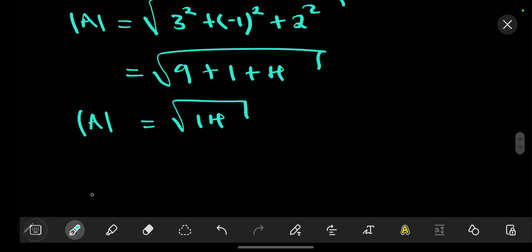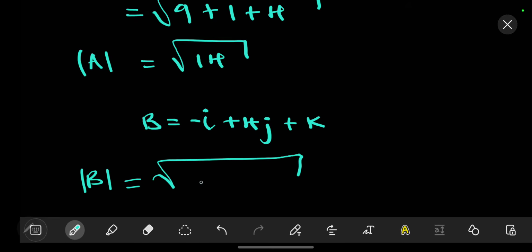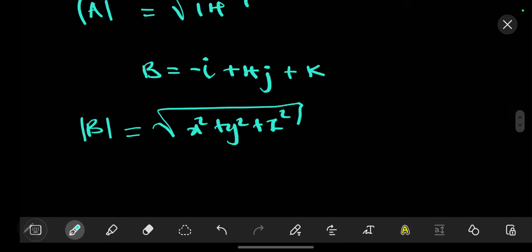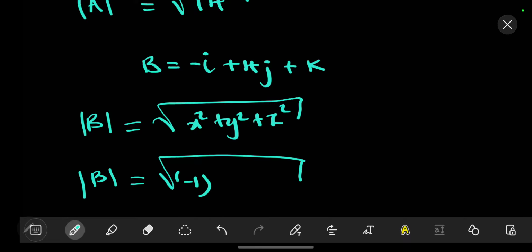Then let's also look at the size of b. To find the magnitude of b, we use the same formula, the square root of x squared plus y squared plus z squared. The absolute value of b is the square root of, the x component here is negative 1, squared. Then plus our 4, squared.